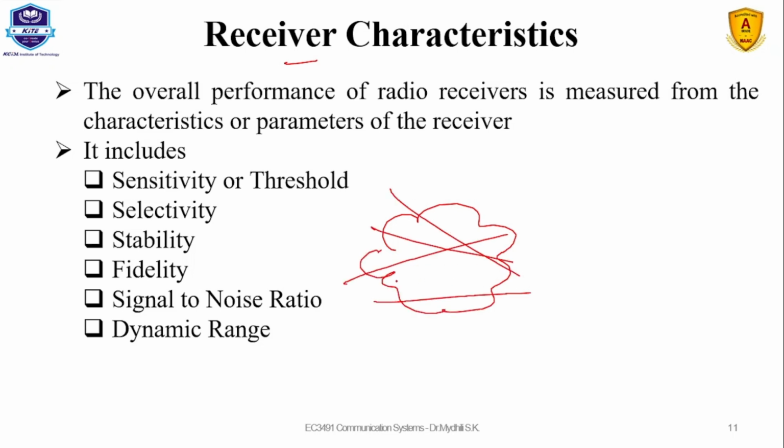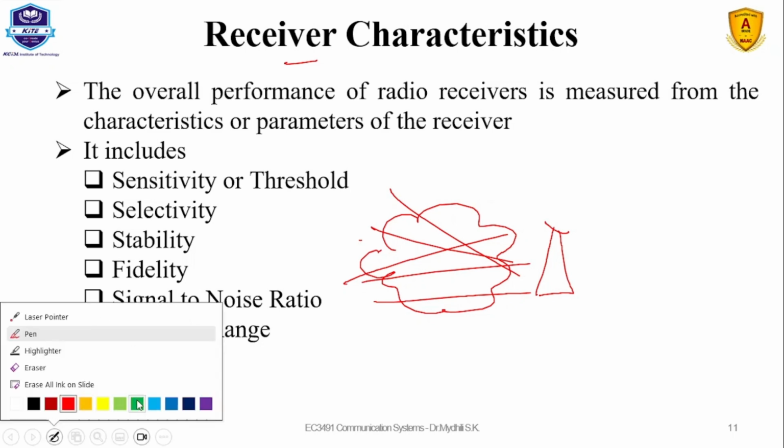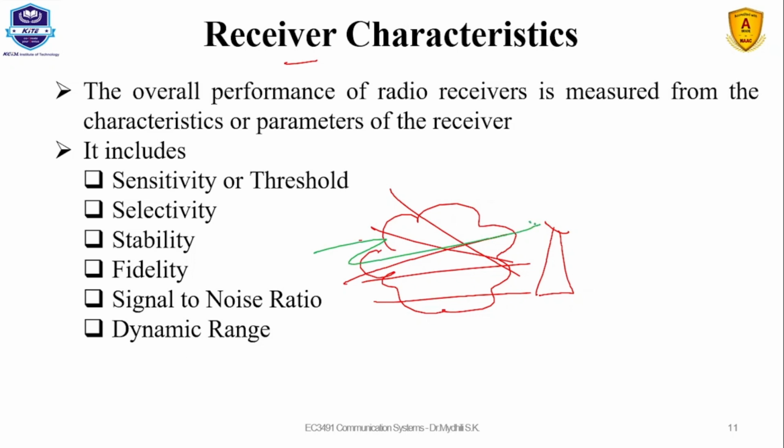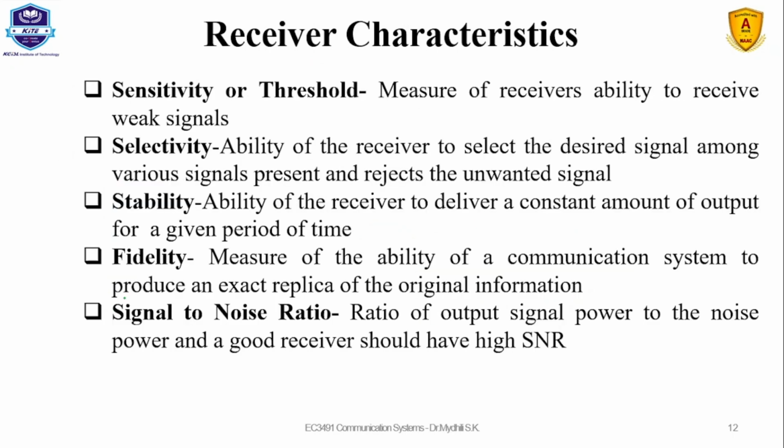The channel has n number of signals, but the receiver must be able to pick the actual signal to be received. This is a very important point. It should include sensitivity or threshold, selectivity, stability, fidelity, signal to noise ratio, and dynamic range. So it is all dealing with the 6 characteristics.